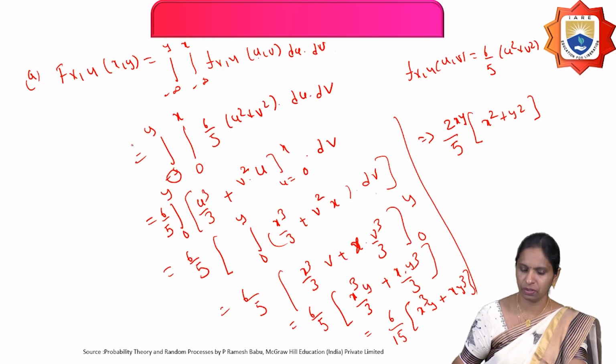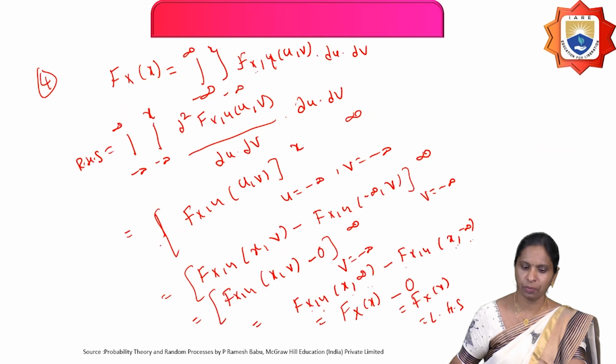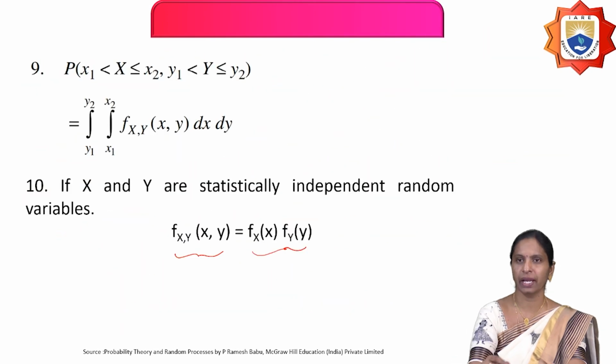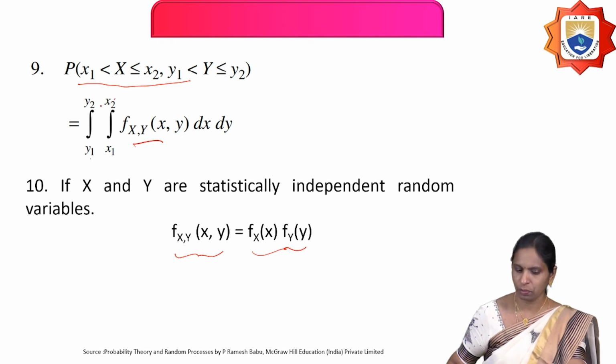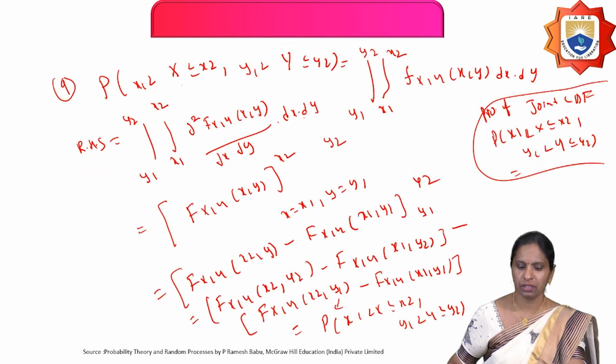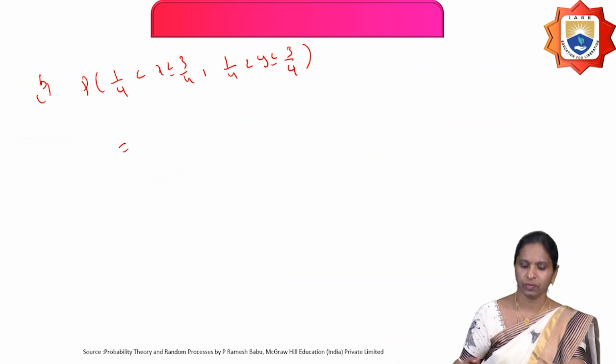You have to use the ninth property of the joint PDF. What is the property here? If you know the density function, how do you calculate the joint probability? By integrating the joint density function with the limits x1 to x2 and y1 to y2. So by using this property, we can solve this problem.